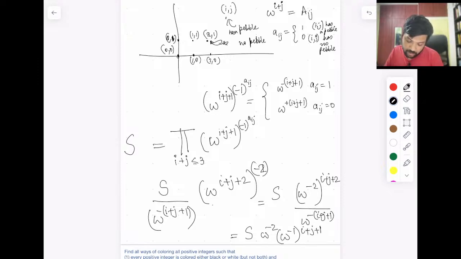Right? It's not cancelling, is it? Am I making a mistake? It should have cancelled, it cancelled earlier. Just a minute, I think I made a mistake somewhere. No, it's correct. Omega power minus 2 is just omega, no?